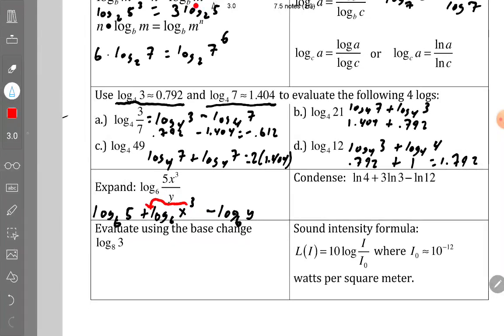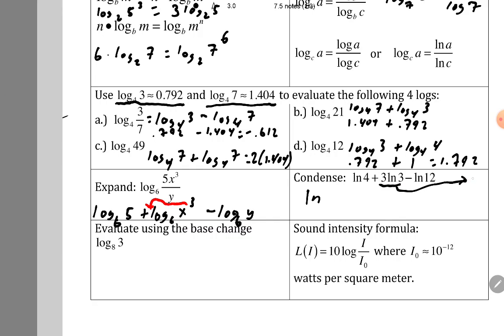Okay, now we're going to condense. So we know it's going to be natural log. Natural log of 4 plus 3 times the natural log of 3. Okay, so this one here, remember, we can move this front number to the exponent slot. So this will become ln of 3 cubed, which is 3 times 3 is 9, times 3 is 27.